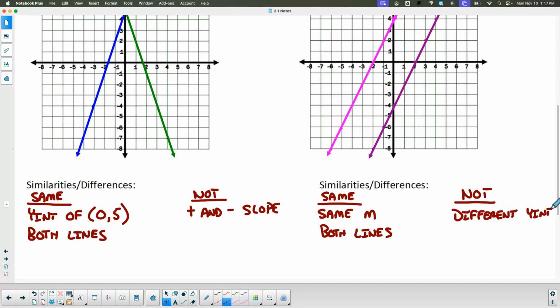Anything else? They both cross the y-intercept. No, they cross the y-axis. They both cross the y-axis. Anything else? I don't think there's much else. They have a different y or x-intercept. We could say they have different x-intercepts. Yeah. Okay.